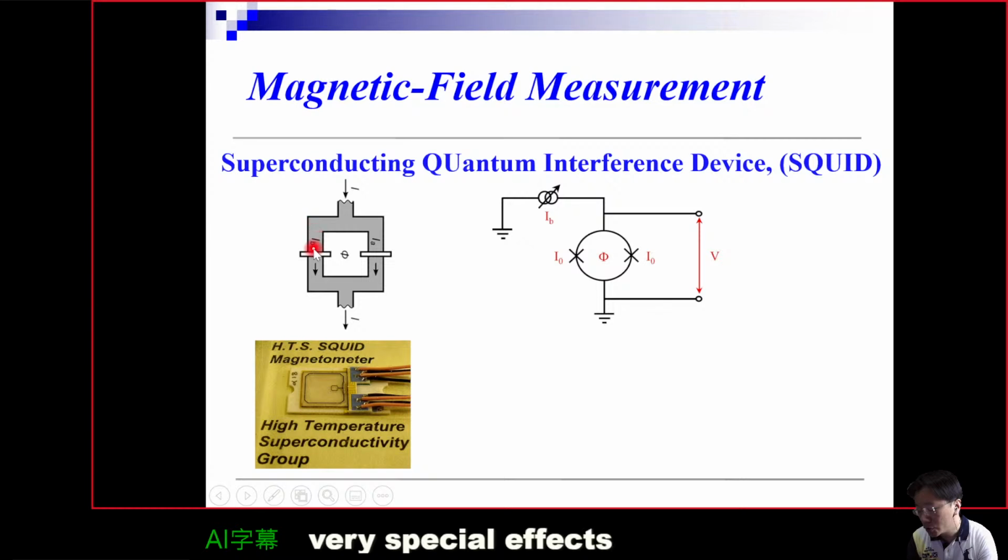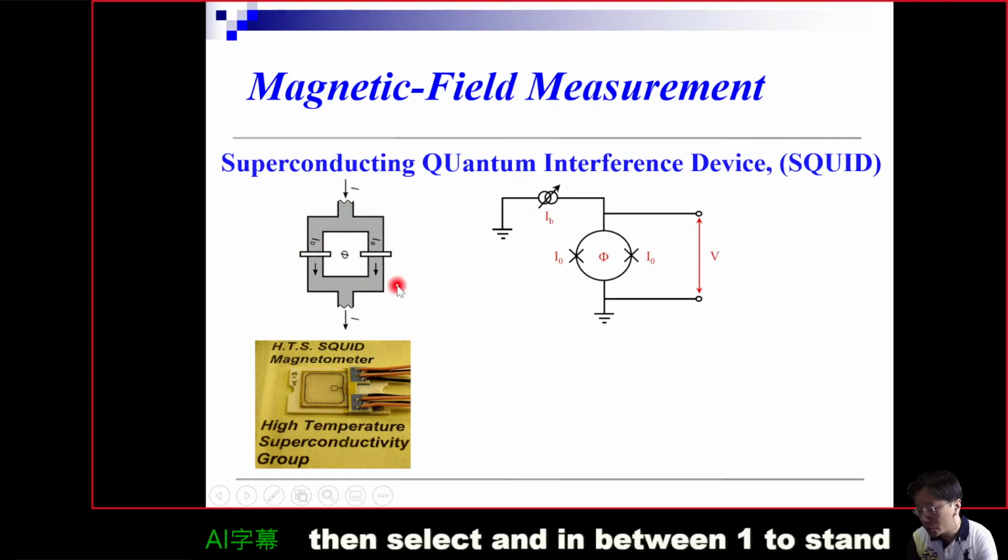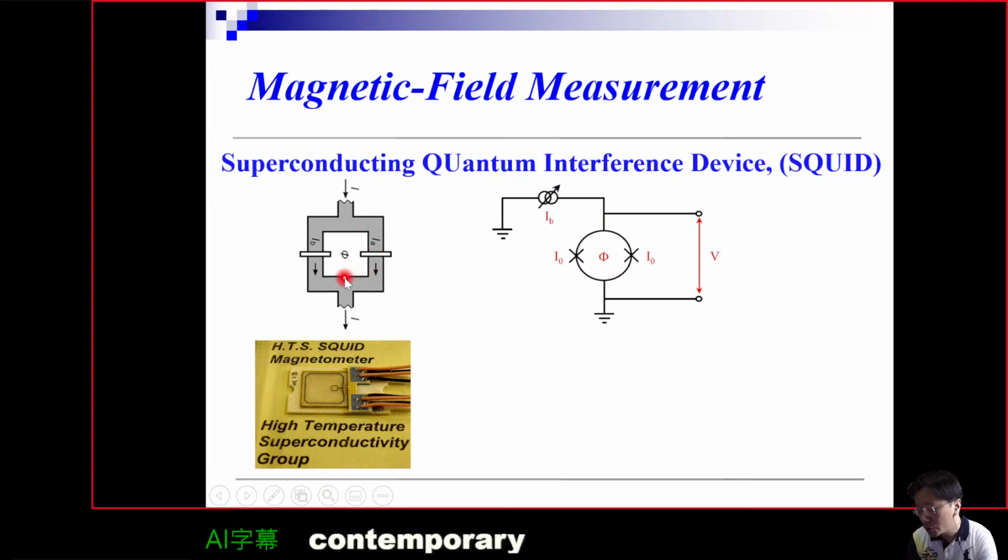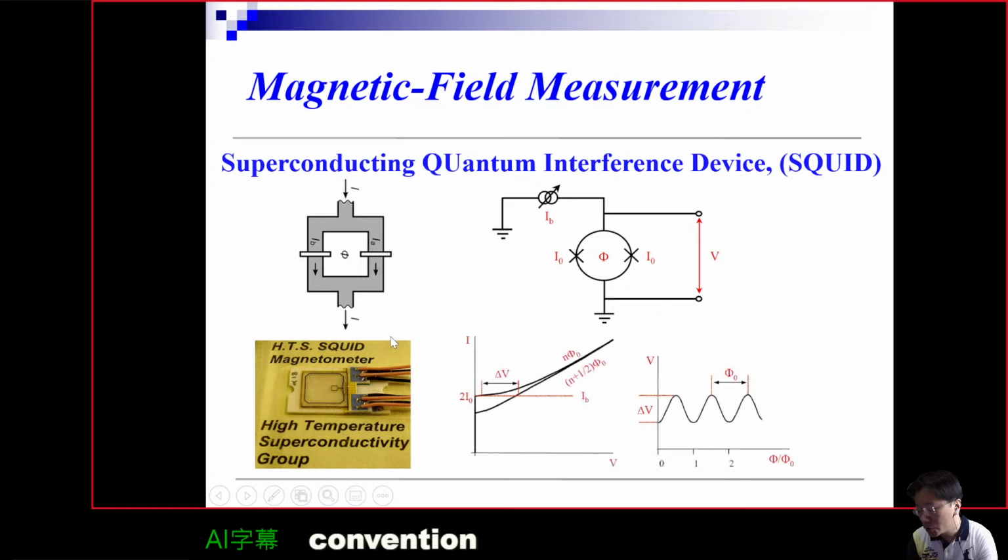If we make this circuit with a superconductor, and put an insulator in between two superconductors so they become a loop, then if we change the magnetic flux inside this loop, there would be a fluctuation when we measure this current. Okay, that would be something like this.